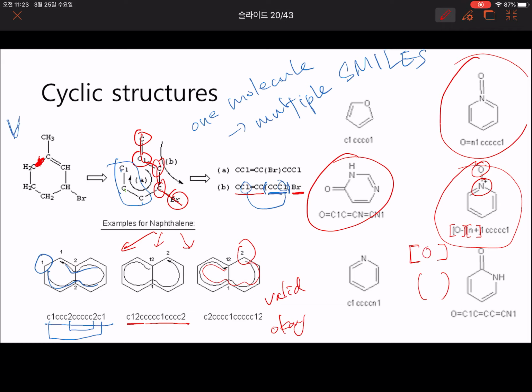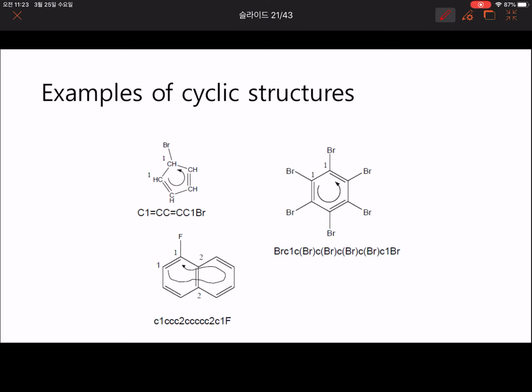And here the O minus, or here the N plus can be written like this. So take a look at these examples more, and you will understand how the SMILES representation works.